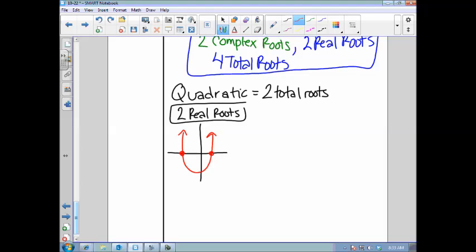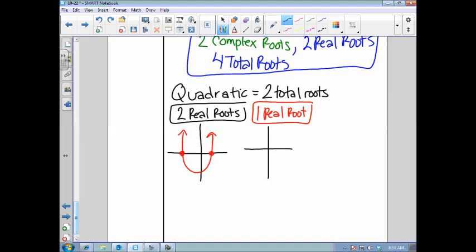What would the graph look like if we had one real root? Because there is a multiplicity. How would it be possible for a quadratic to only cross the graph once? It can only touch the x-axis once.